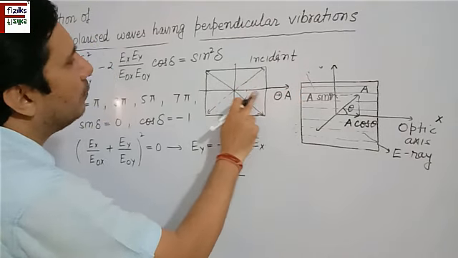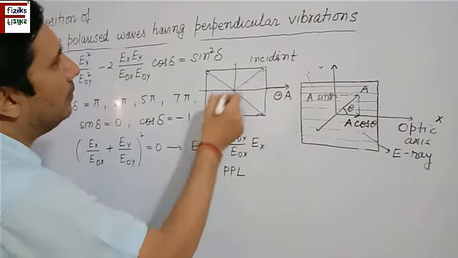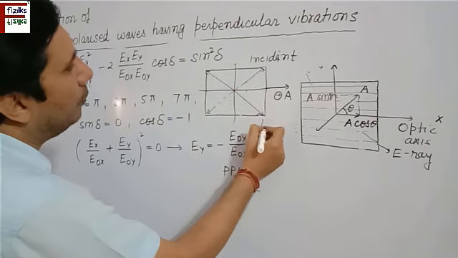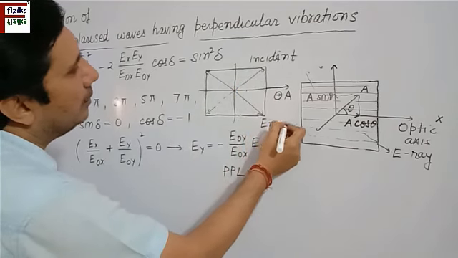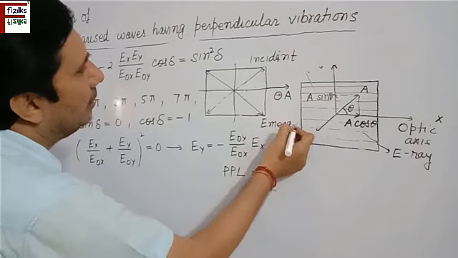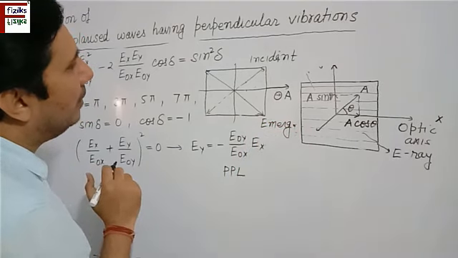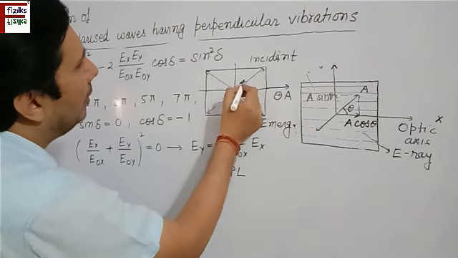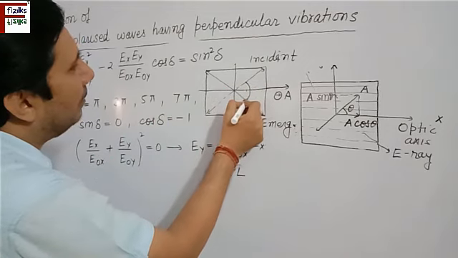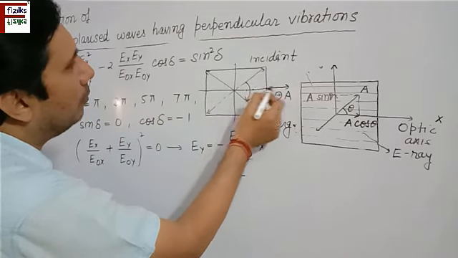So this was the initial orientation of incident light, and this is for the emergent electric field vector. So the electric vector is rotated by an angle 2 theta around the optic axis.